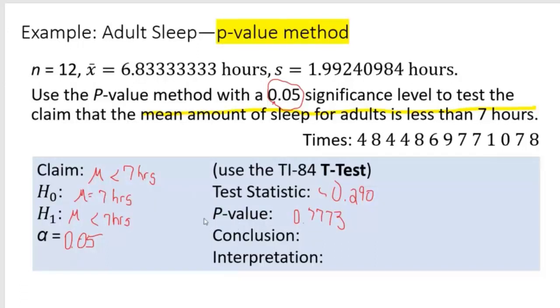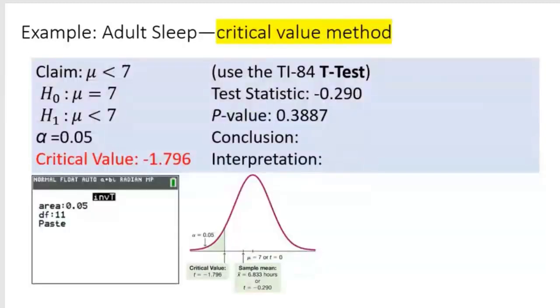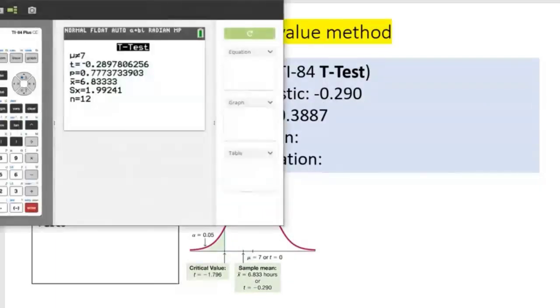In general, the easiest method when you're using these calculators is the p-value method. Let's just go through this. Over here, I wrote this in and you saw me get it off the calculator: negative 0.290 and 0.7773. I think that's a typo, so let's pull back up that calculator.